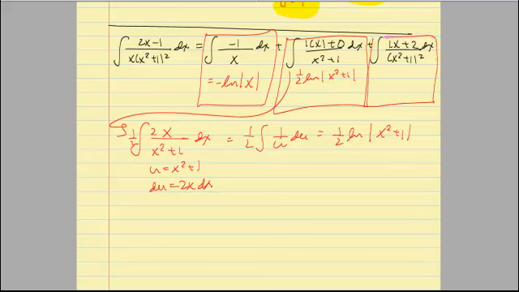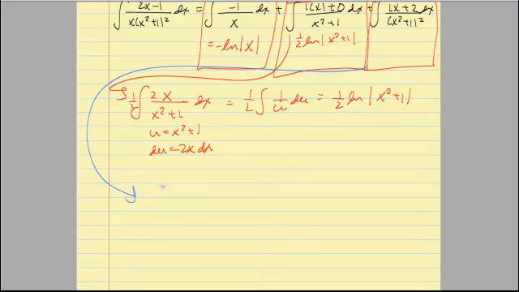Now this last one, let's see what we can get for it. First of all, let's go ahead and rewrite. In rewriting this, I have x plus 2 over x squared plus 1 quantity squared dx. Now we're going to have a look at this.